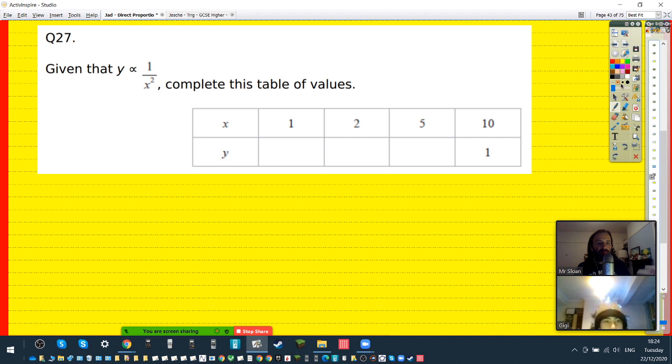What is inverse proportional to? Would it be 1?